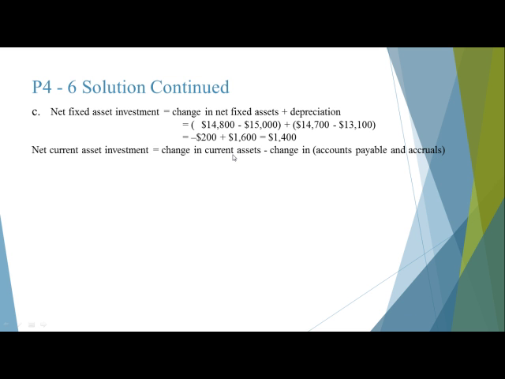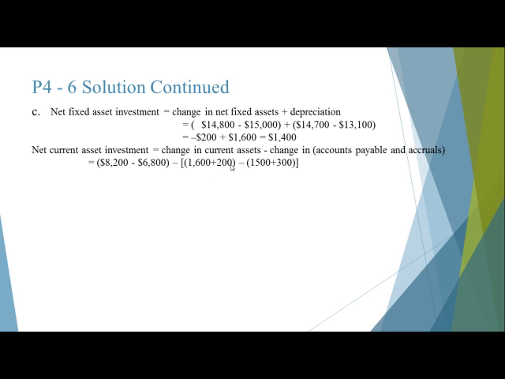Next, net current asset investment is equal to the change in current assets minus the change in accounts payable and accruals. 8,200 is the current assets in 2012, and 6,800 is the current assets in 2011. So the difference is the change in current assets. 1,600 is the accounts payable in 2012, and 200 is the accruals in 2012.